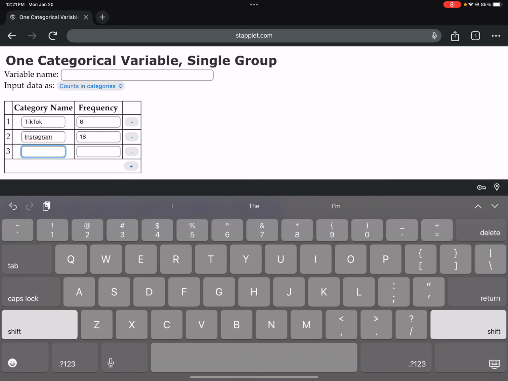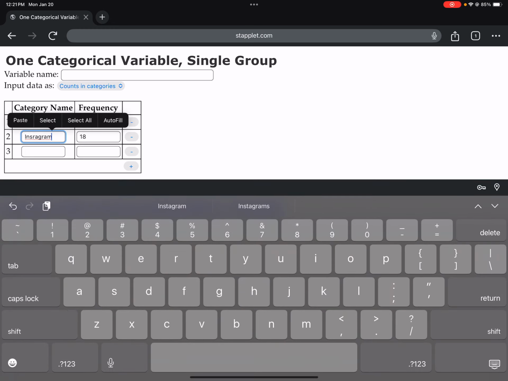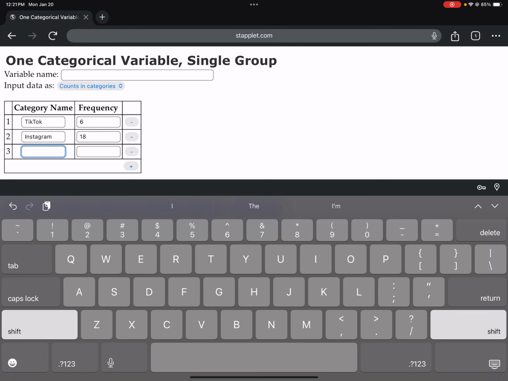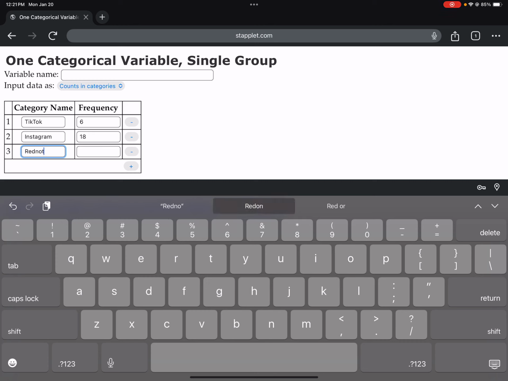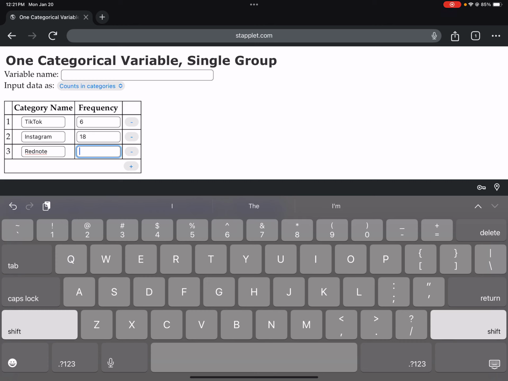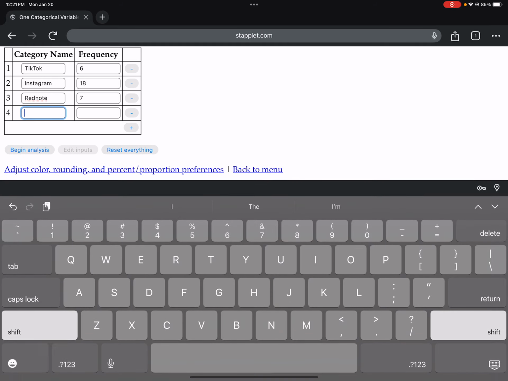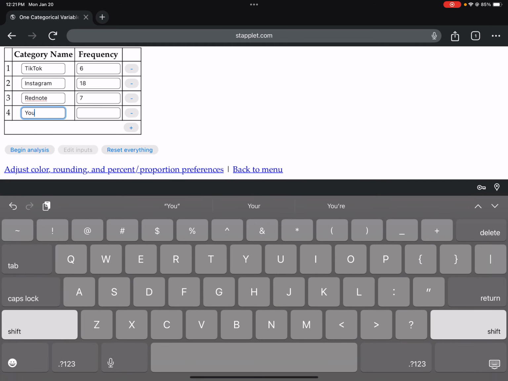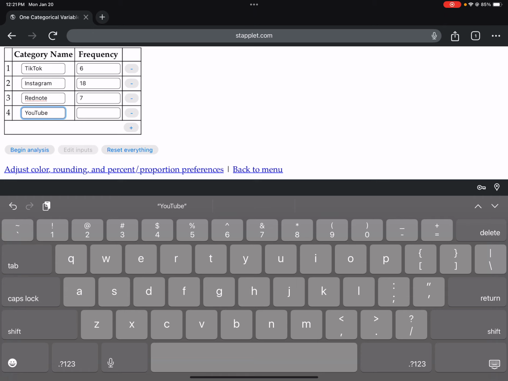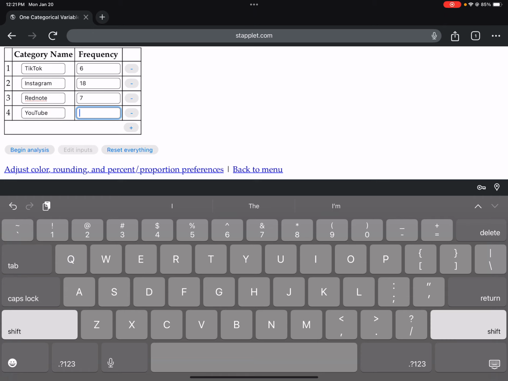And then red note was 7. And I just keep hitting the plus symbol to get more. YouTube is 9.